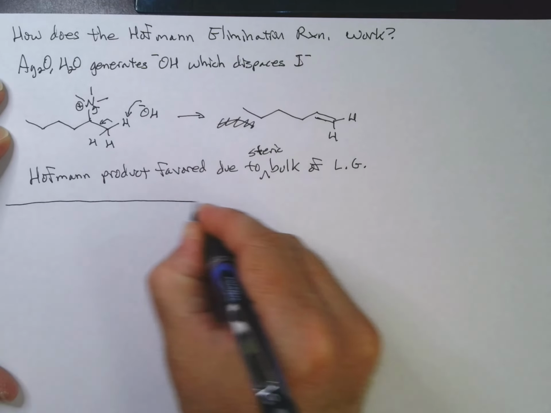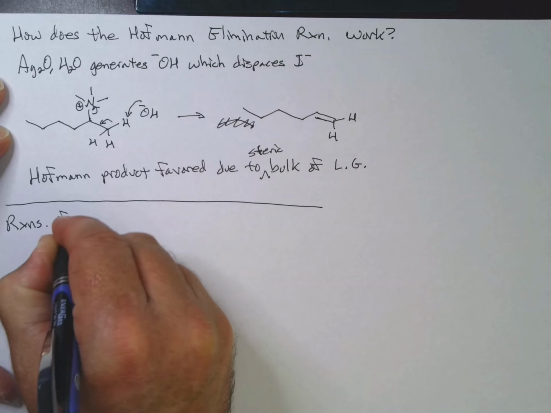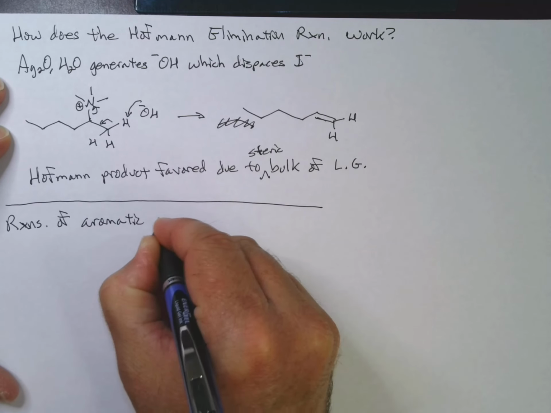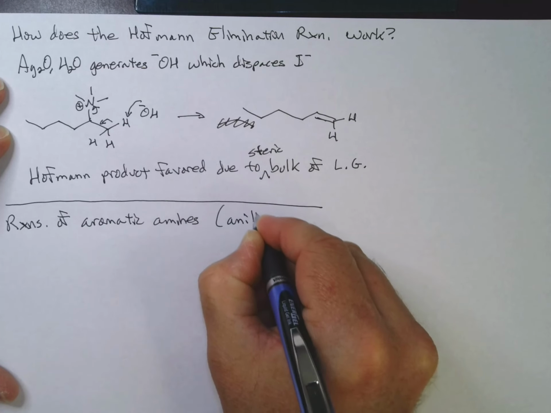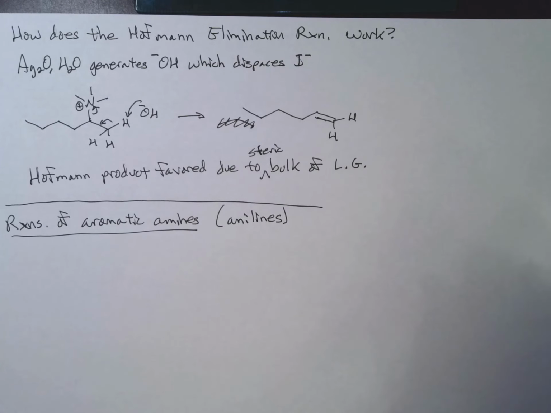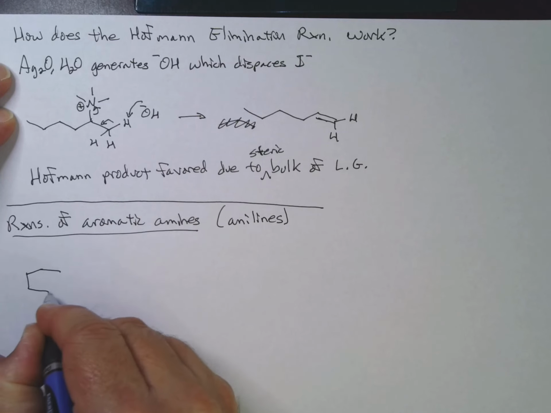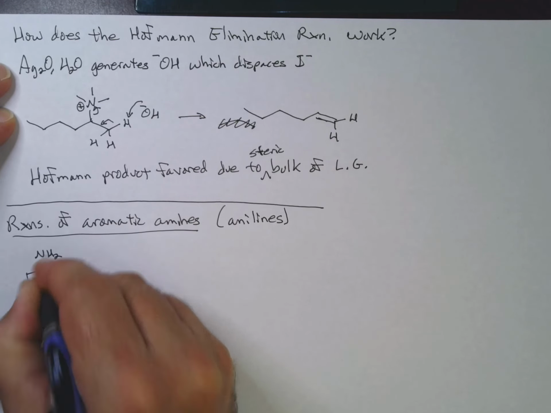But let's look at reactions of aromatic amines. So we'll say anilines. For example, I could take something like aniline and do a regular electrophilic aromatic substitution.